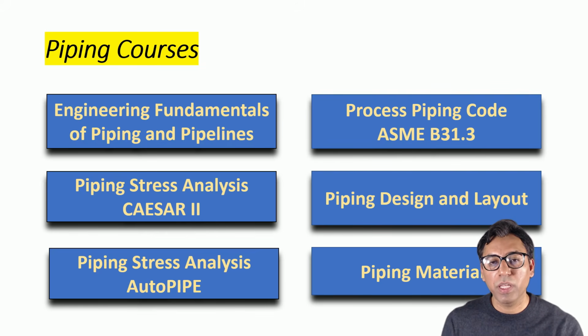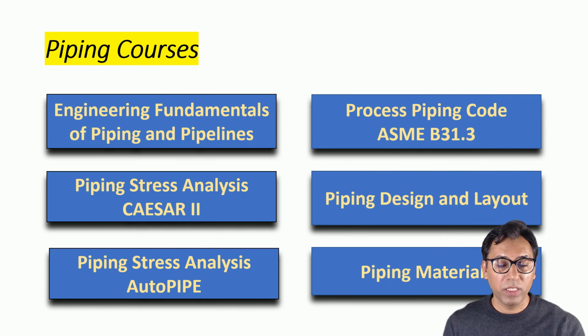Next course is understanding and application of process piping code. As I said, ASME B31.3 is the most commonly used code. So that course talks about all aspects of ASME B31.3, starting from the design, the different components requirements and the material, the fluid types, then the examination requirements and the testing, hydrostatic and all those aspects.